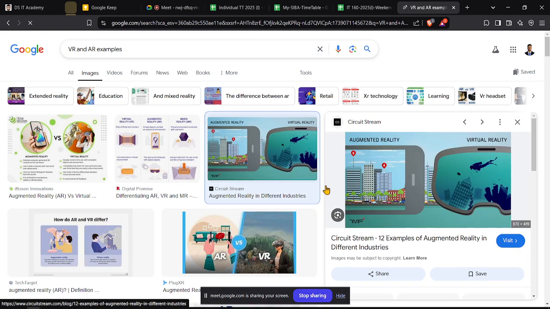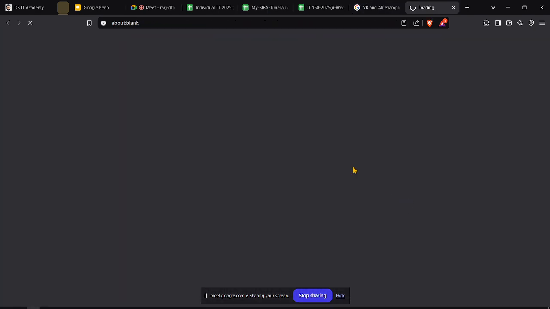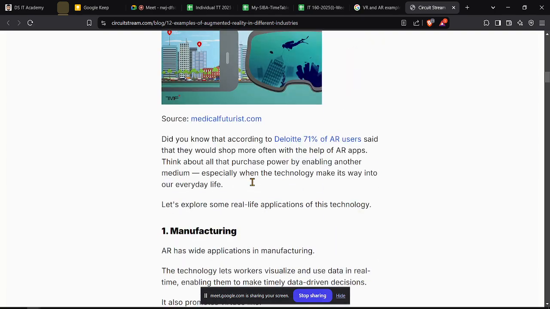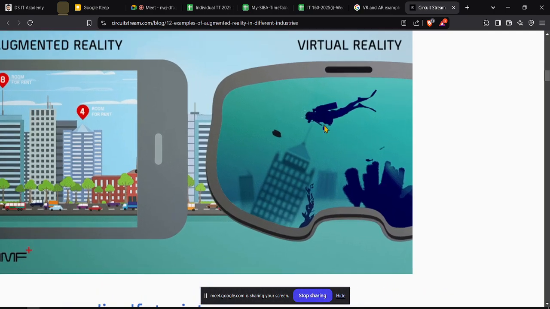So don't confuse the concepts. Here you should use the headset to explore virtual reality. If you wear this one, you will feel like you are inside the sea.